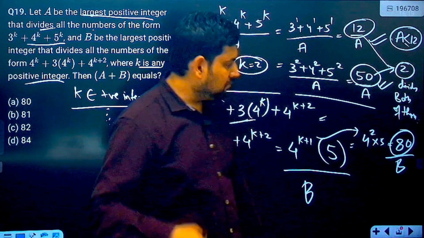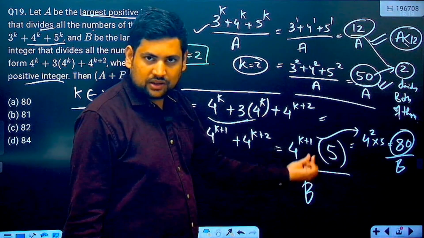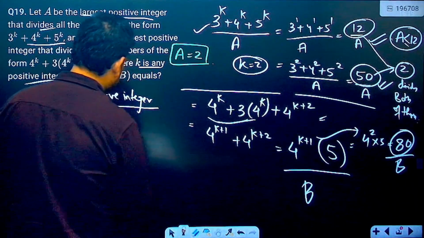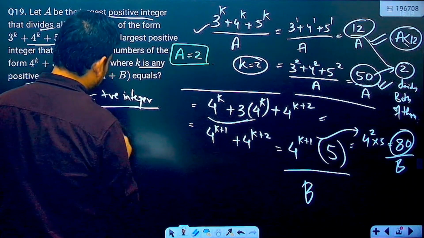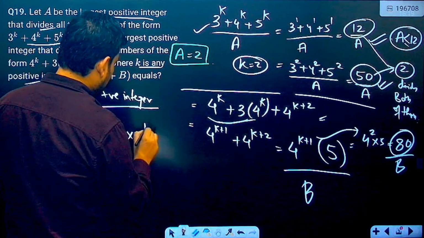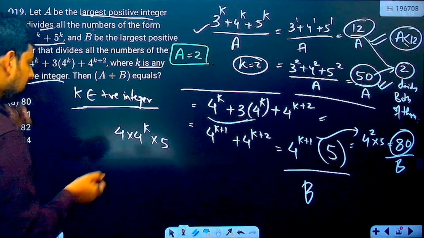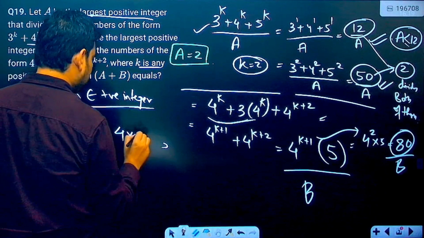Now the good thing here is that 80 is divisible by b. Now the next number that you try to take here, let's say you try to take k as 2, then this will become what? If I just separate this, it looks like this: 4 into 4 power k into 5. Correct. Now if I take the value of k instead of 1, I take k to be 2.